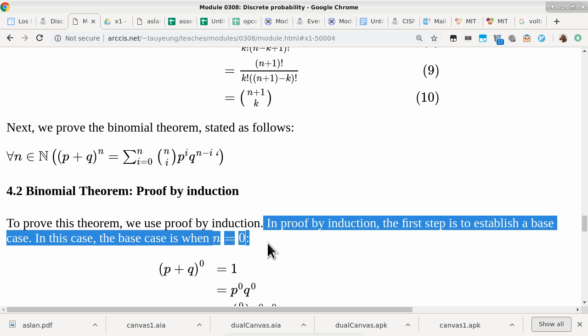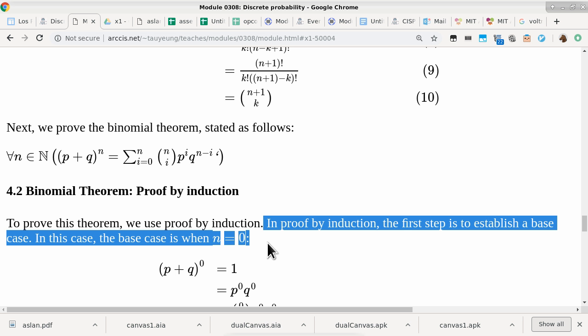N is 0, and 0 factorial is the numerator. I is 0, and then n minus I is also 0, right? So we are looking at 0 factorial over 0 factorial times 0 factorial. 0 factorial is 1 by definition. So we got 1 divided by 1 times 1, which is 1. That is this one here.